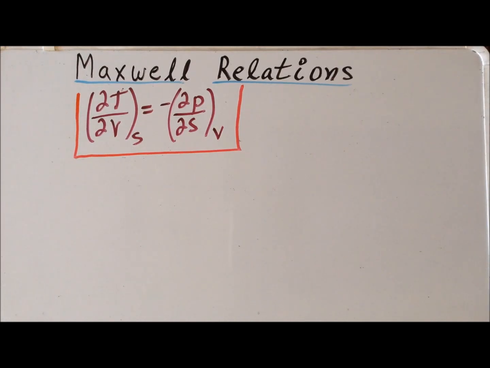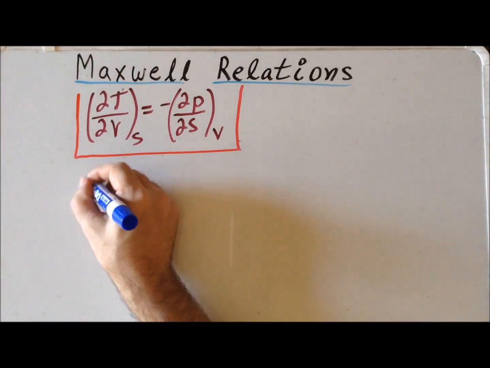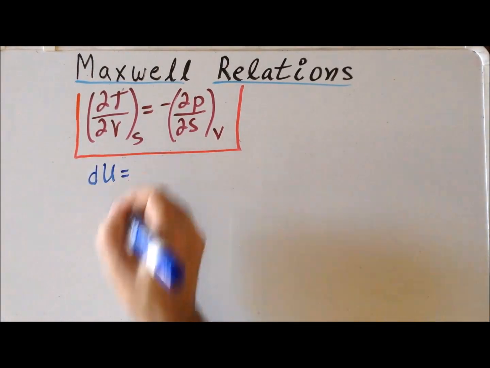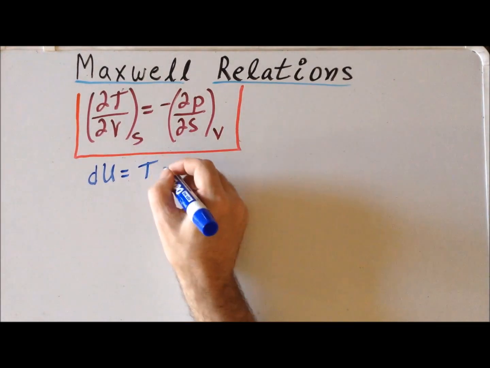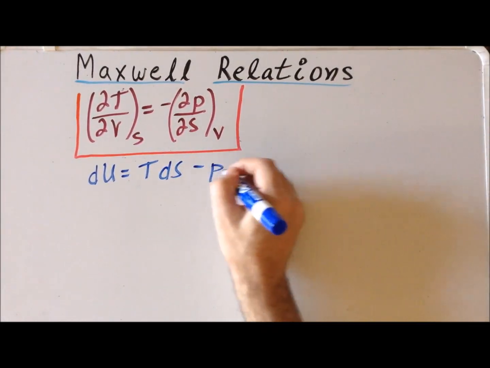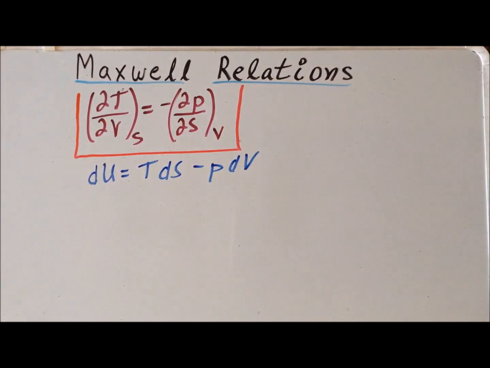We will proceed in this and the next video in deriving the remainder of the Maxwell relations using virtually the identical technique. For the first relation, we began with the internal energy U. For the second example in this video, we are going to begin with an expression for the enthalpy H. Recall that we can write an expression for the differential of the internal energy U as TdS minus PdV, which is our fundamental combined equation.